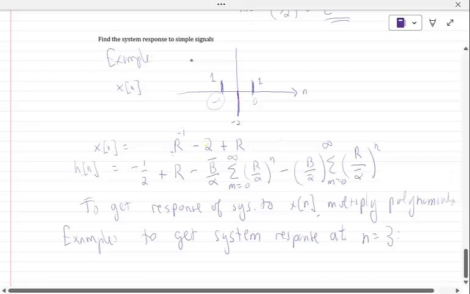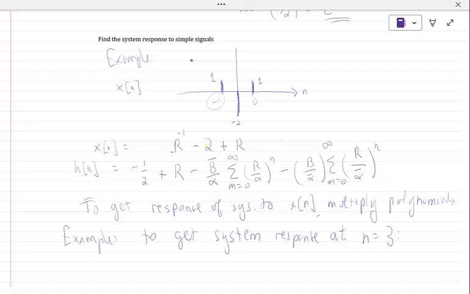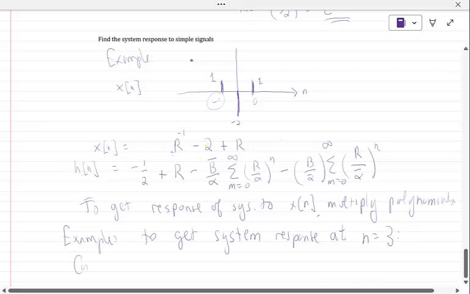What I can do is consider the contribution of each term in x to the signal at time n equals 3.